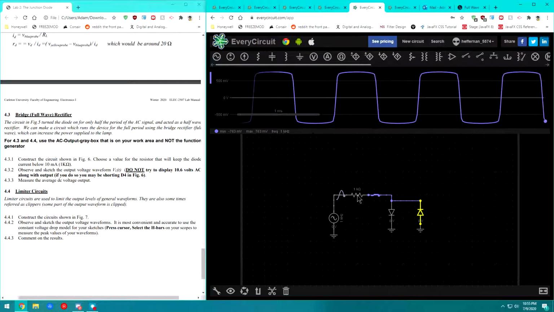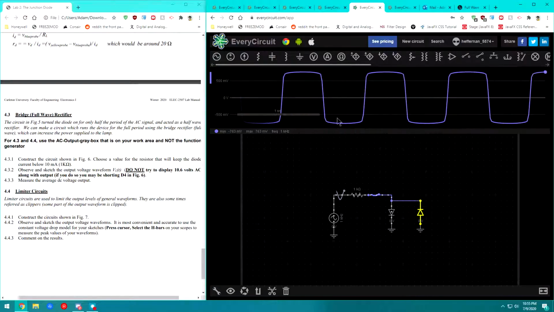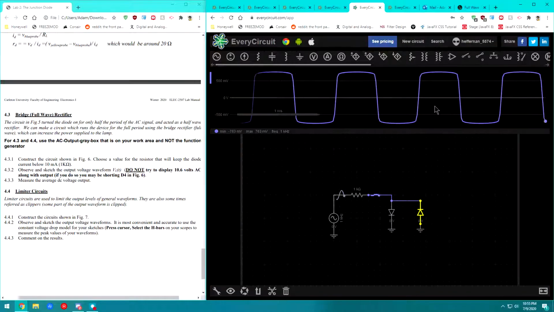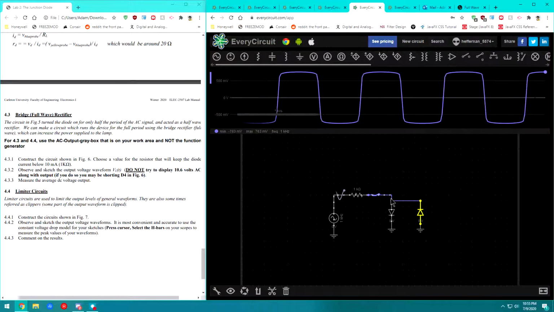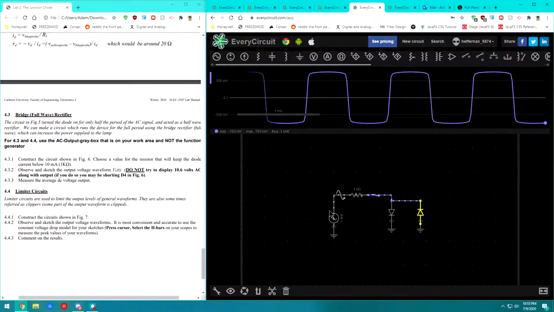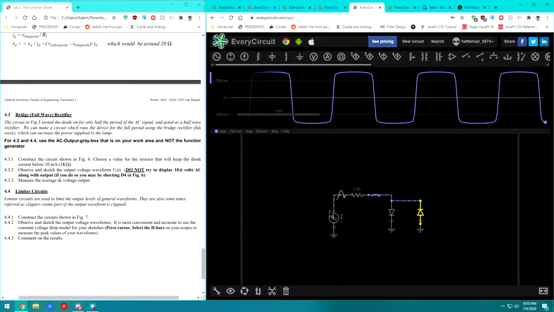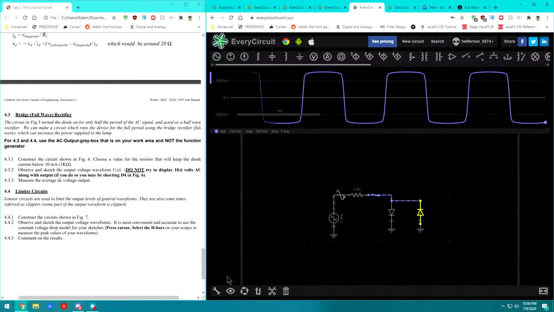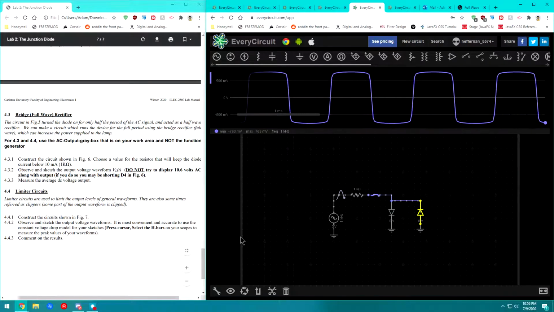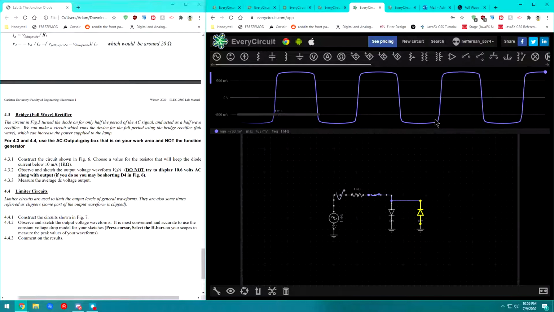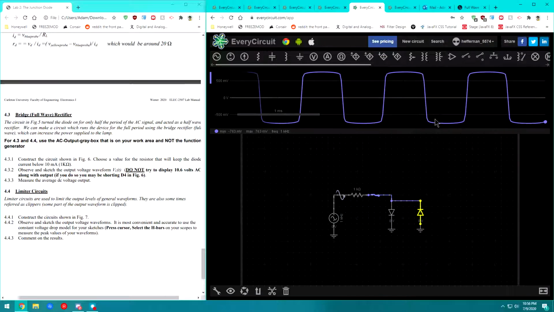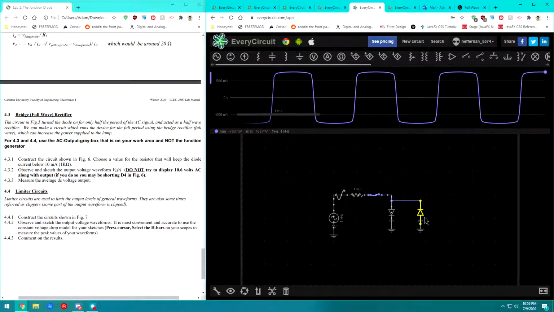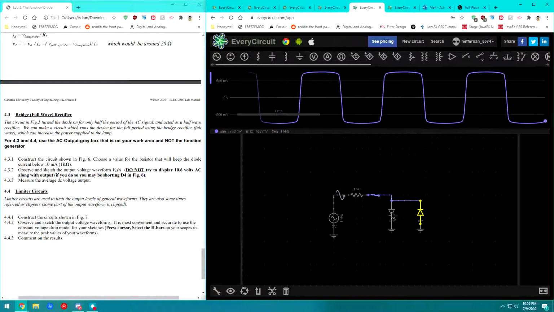The waveform here is very square, and the reason is that one of the diodes is conducting at each half cycle, and it's cutting the top off because it can't get any higher than 700 or minus 700 millivolts, because that's the bias across the diode.